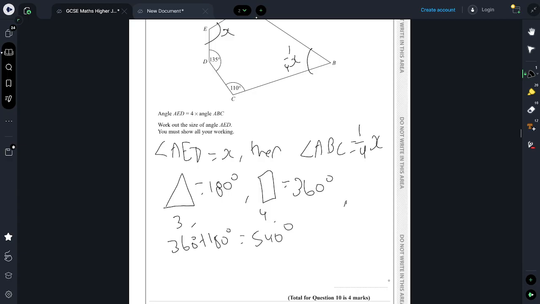And another way I see people just learn this formula: n minus 2 lots of 180.